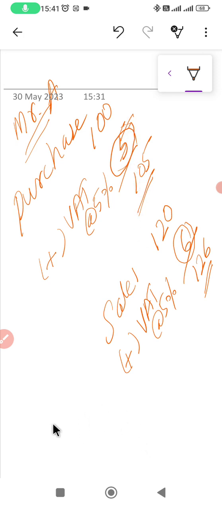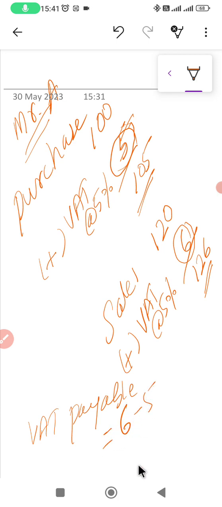So VAT payable would be 6 dirhams minus 5, a total of 1 dirham. This 1 dirham you have to pay to the government department for taxation, which is called FTA.